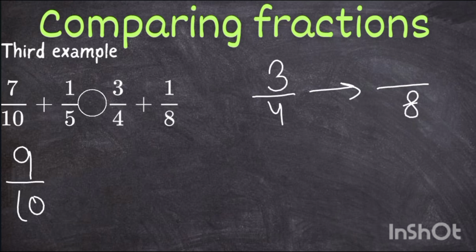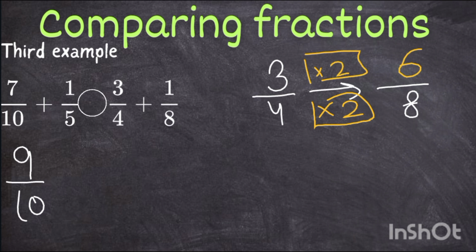Let's convert 3 by 4. What do we multiply with 4 to get 8? If we multiply 4 with 2, we get 8, right? Whatever we multiply in our denominator, we need to multiply in our numerator. So 3 multiplied by 2 is 6. It means 3 by 4 is converted to 6 by 8.